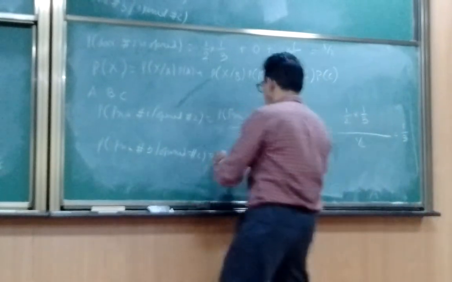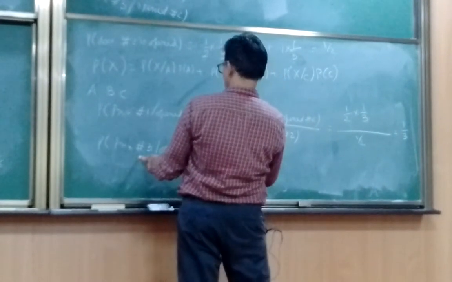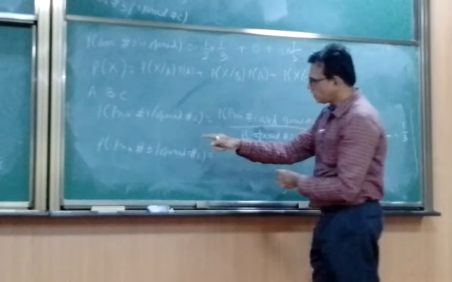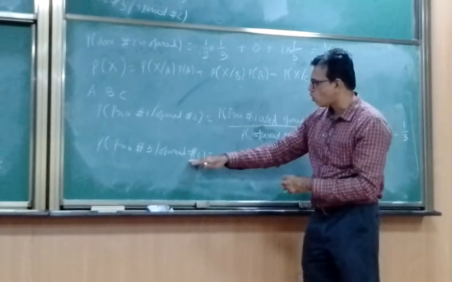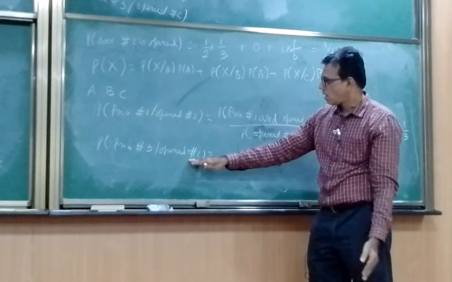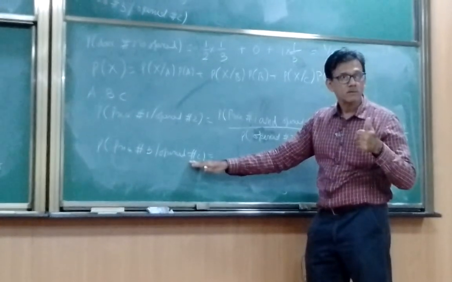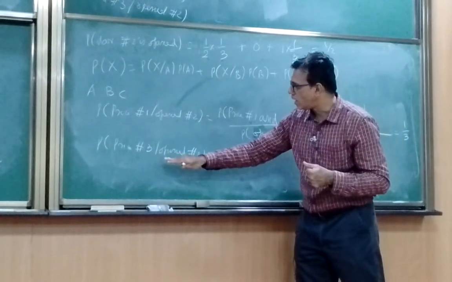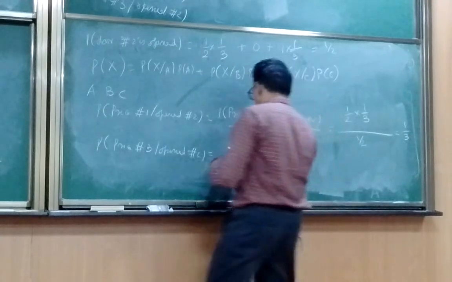And then what is the other one? Price is in 3, and given that he has opened 2, and also that he has chosen 1. And this is 1. Right? This is the only way he could do.